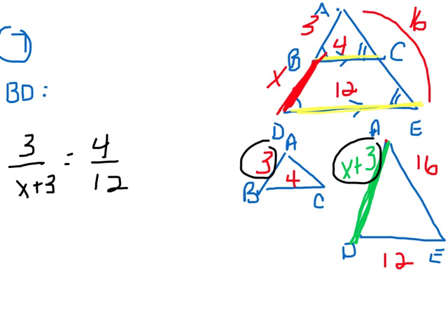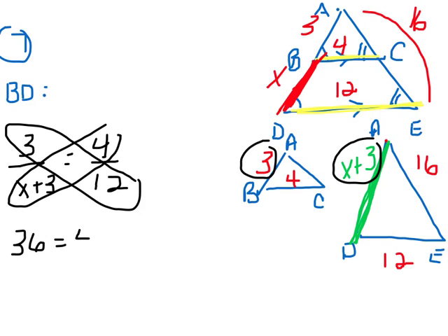Am I using 16 at all? Not really here. So if I cross multiply, 3 times 12 is 36. And now be careful here, when you cross multiply, that's 4 times all of X plus 3. So you have to say that's 4X plus 12, isn't it, when you distribute?